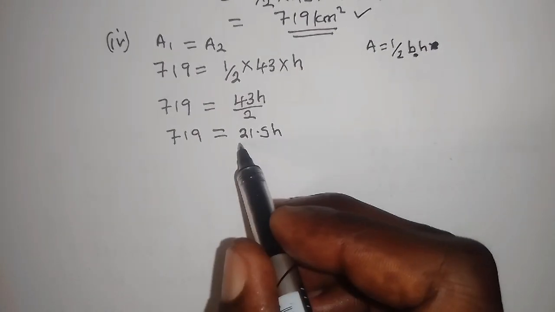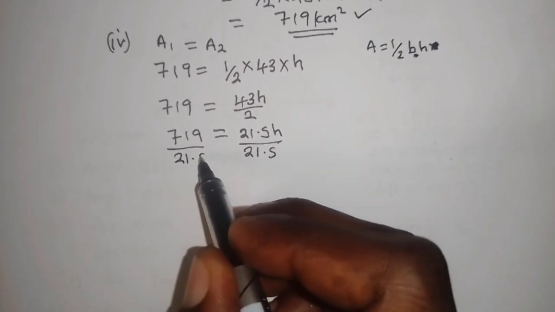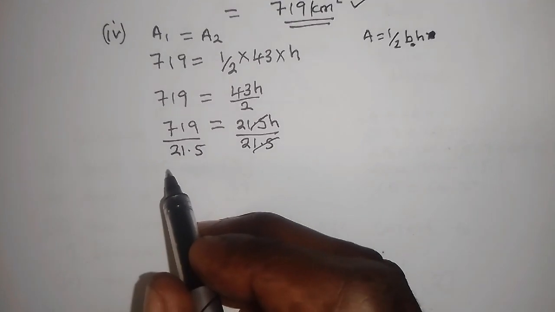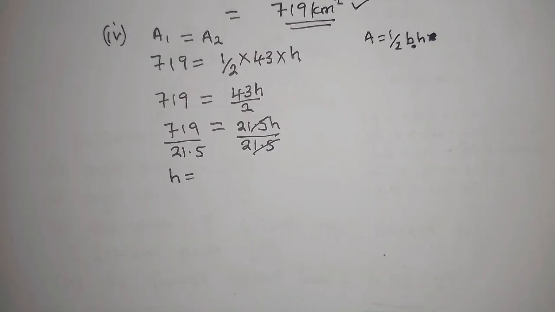Then you divide both sides by this, so our h is just going to be 719 divided by 21.5.